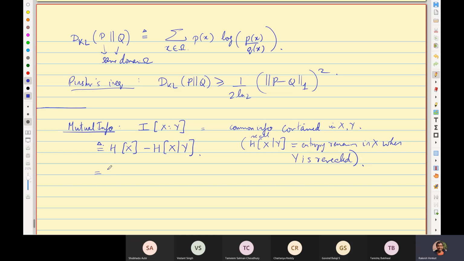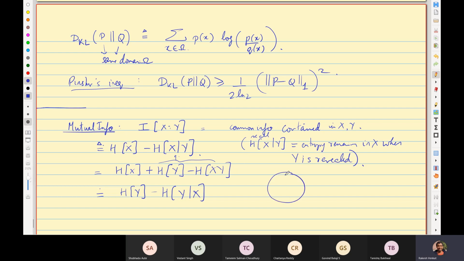And you can rearrange it. You also get that it is equal to h of X minus h of X given Y. Because this thing, h of XY minus h of Y, as we had seen last time, is equal to h of X given Y. And this, you can also get as h of Y given X. It's a bunch of manipulations to give these identities.